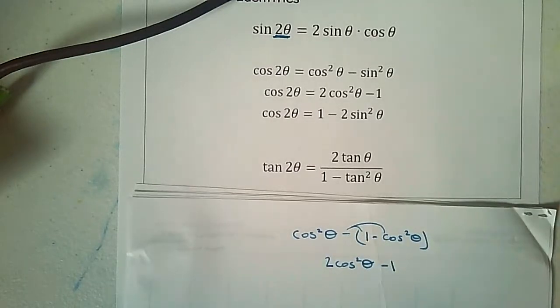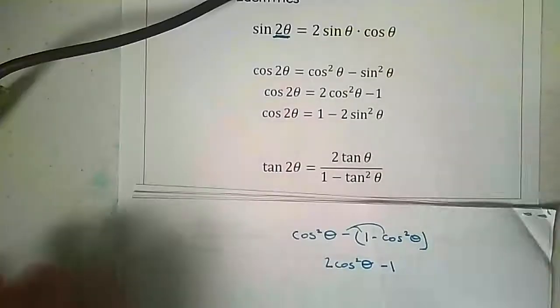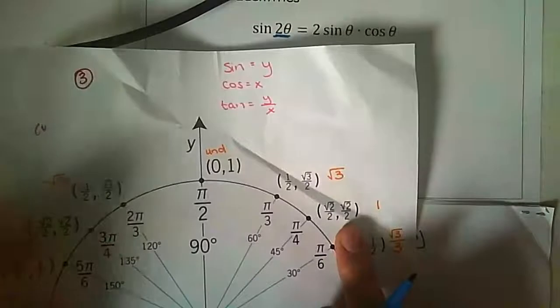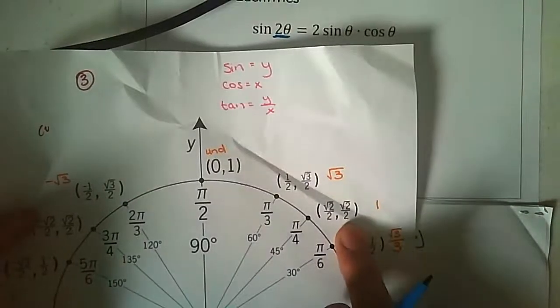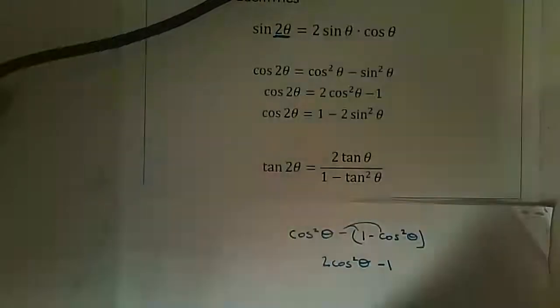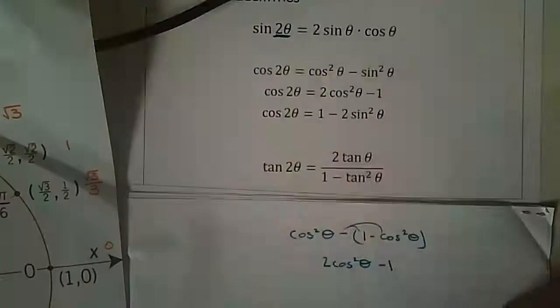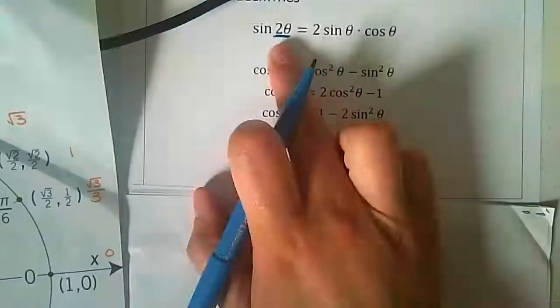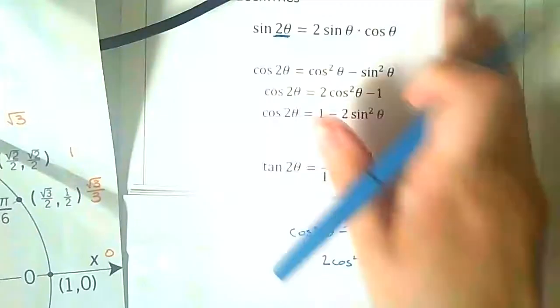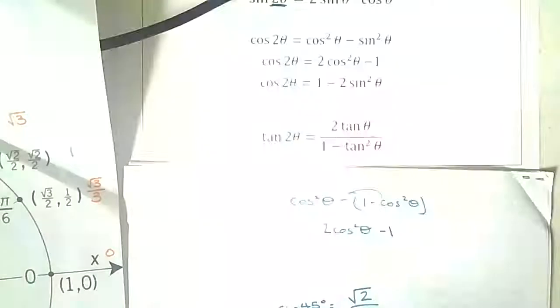All right. And let's see, I think I want to prove to you guys that these work as well. So let's say we're looking at the sine of 45 degrees. So the sine of 45 degrees is square root of 2 over 2. And let's say we want to find the sine at double that. So we want to find the sine at 90 degrees if we double 45.